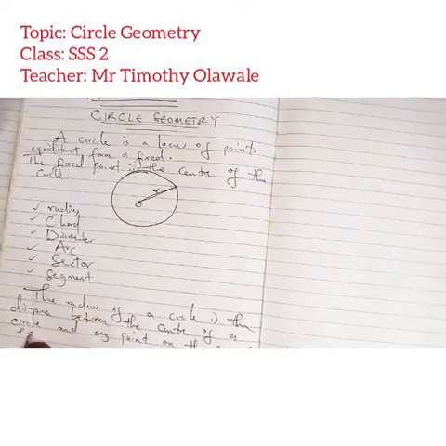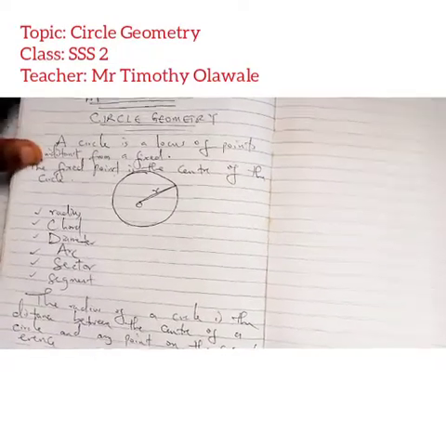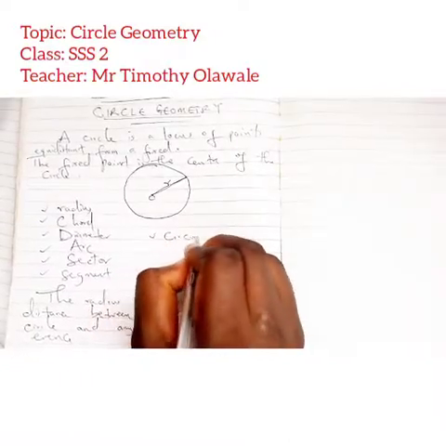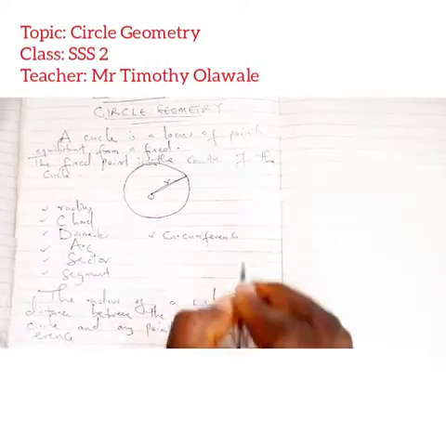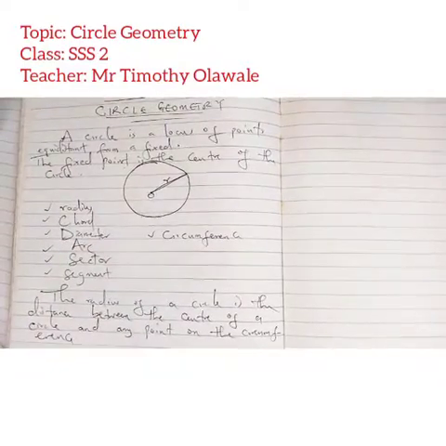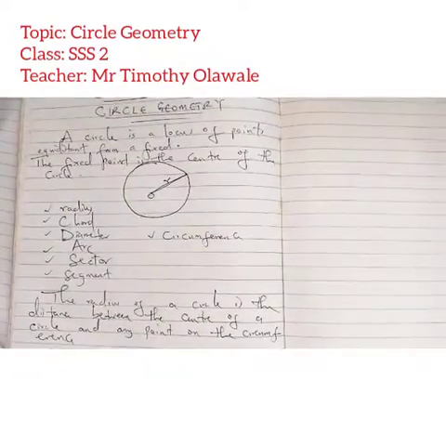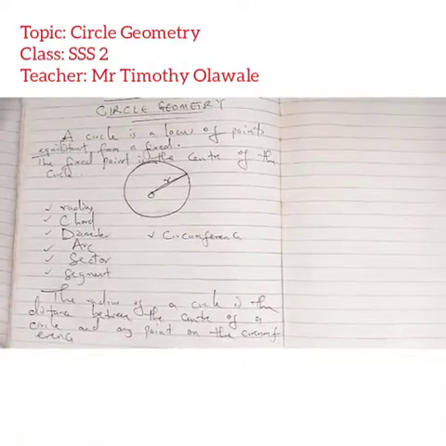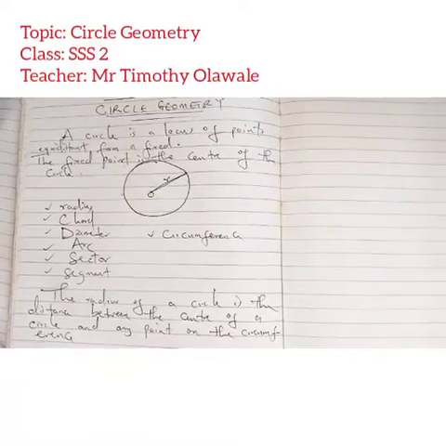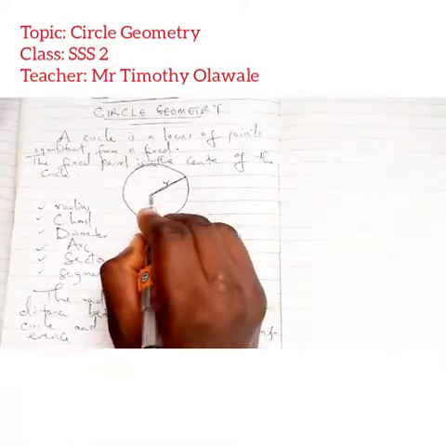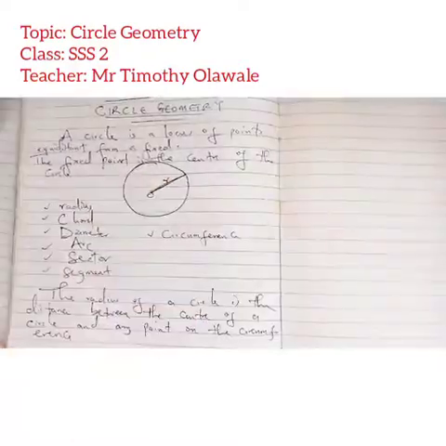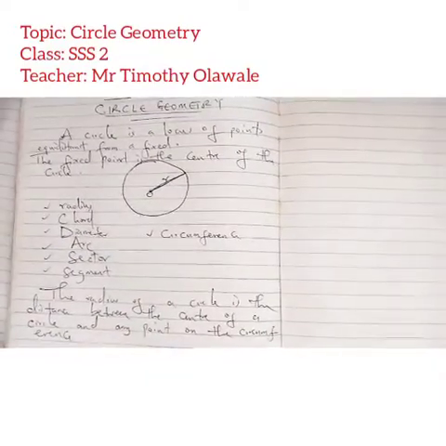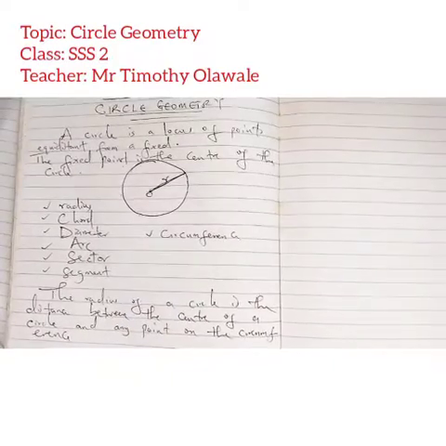So that takes me to a very important statement. I have not mentioned circumference. It's part of what we're going to look at. The radius of a circle is the distance between the center of the circle and any point on the circumference. Is that clear? So that's what you see here. This is the radius. Any point on the circumference to the center is what we call a radius. And so let me jump and go to number 2, which is diameter.